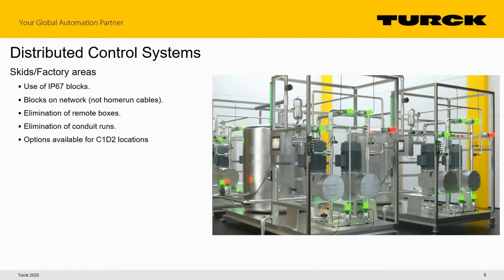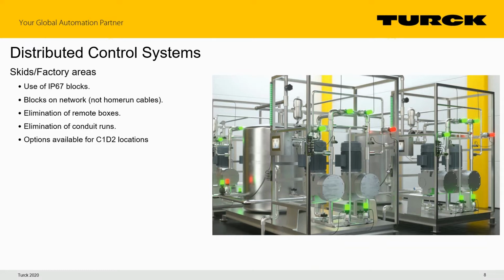And we've got a few I/O blocks. Even though it's not a very large skid, we're able to save money and time in putting the skid together by having a smaller control panel and having the I/O blocks closer to the I/O point of use. Even though it's not a long distance of wiring from here back to the main panel, if we save that, it saves time, and time is always money.